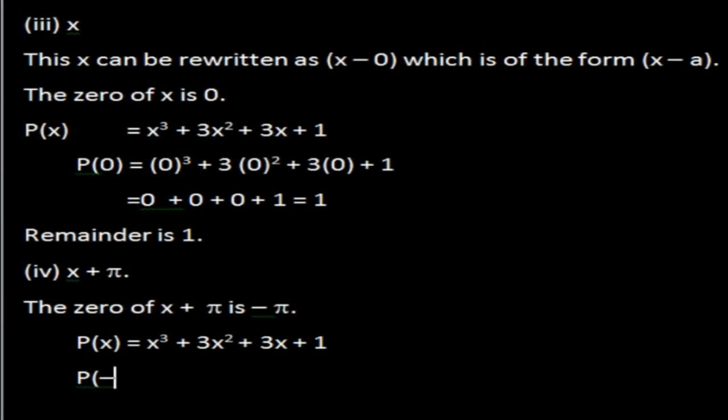So it becomes p of minus pi is equal to minus pi whole cube plus 3 into minus pi whole square plus 3 into minus pi plus 1.